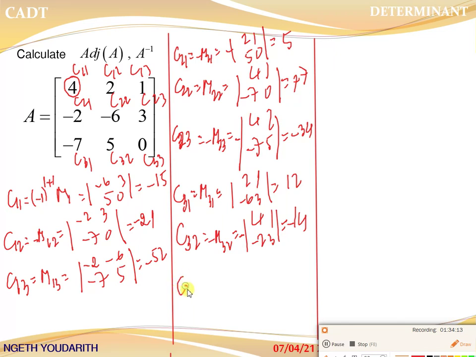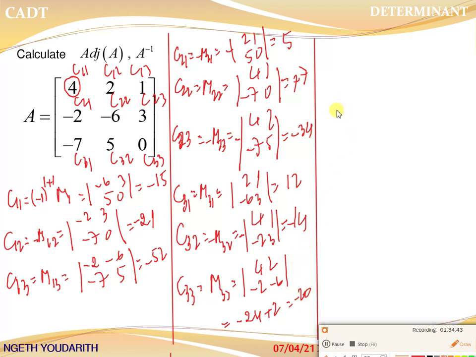And C33. M33, it means this one and this one. We have 4, 2, minus 2, minus 6. So it get is minus 24 plus 4 is minus 20.